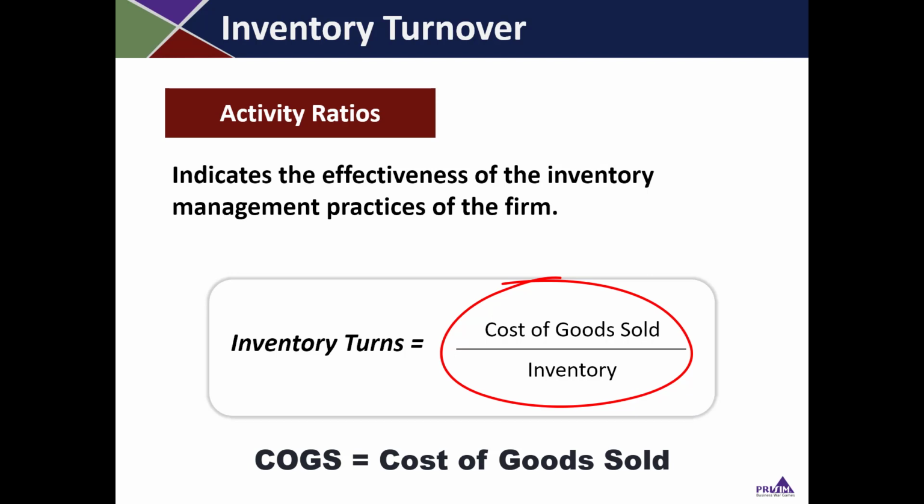As a benchmark number for inventory turns, it would really depend on the industry. If you're in the food manufacturing industry, maybe you'd want a higher number of turns, like maybe 12 times a year, which means that you're selling your inventory every month. Think about it: food, if you're making a food product, it's perishable, so you don't want it just sitting around to spoil and have to be thrown away.